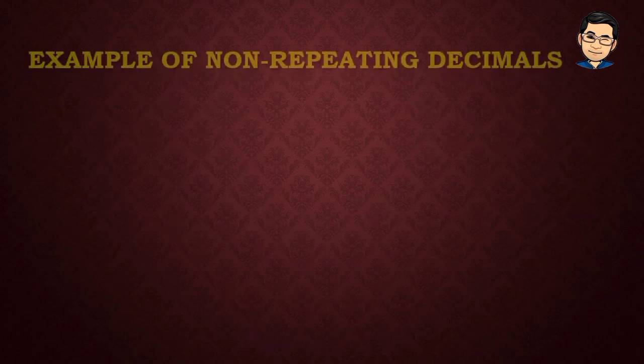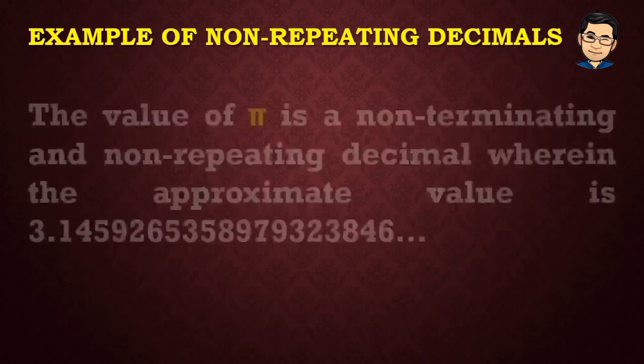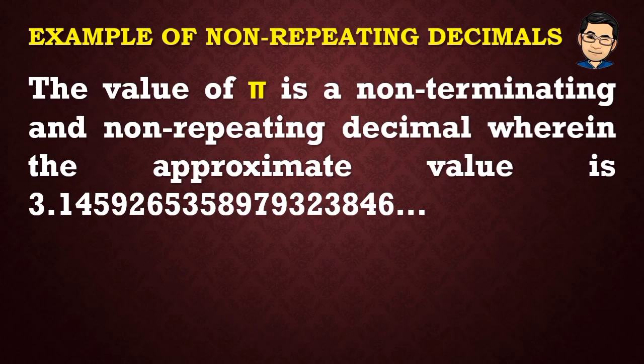So, let's have an example of non-repeating decimals. The value of pi is a non-terminating and non-repeating decimal wherein the approximate value is 3.1459 and so on. So, kung hindi po kayo familiar sa pi, yung pi po ginagamit po yan sa circle, sa pagkuha ng circumference and area. Okay.